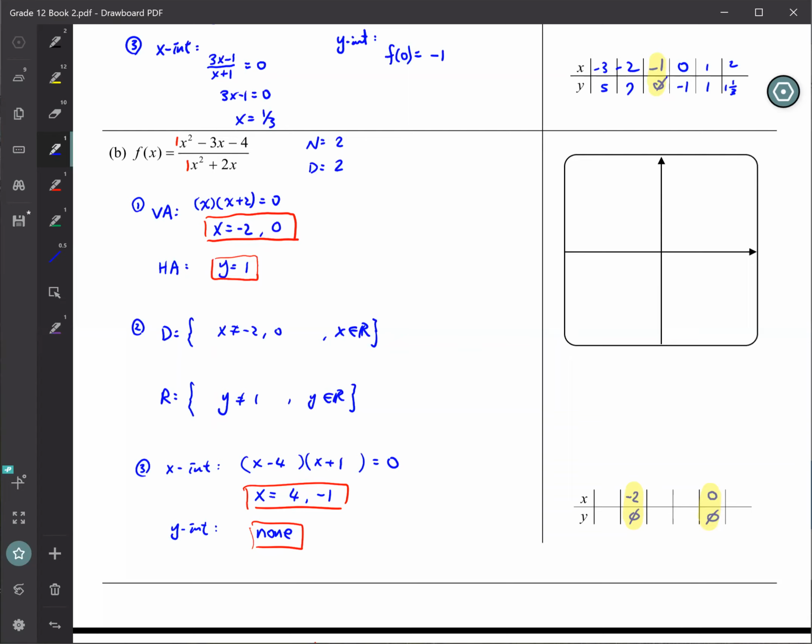And make sure when you type into calculator, you need to have brackets, okay, around the numerator and brackets around the denominator. Does anyone have questions, trouble with getting a table?